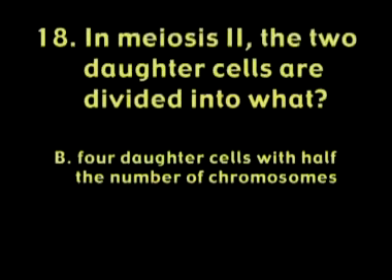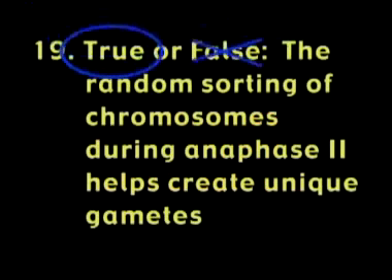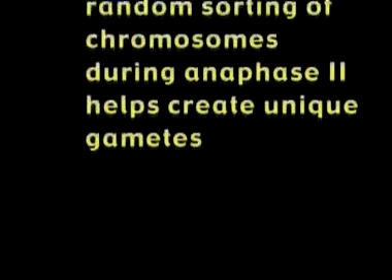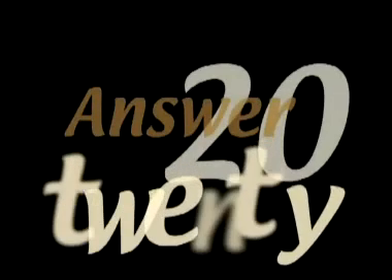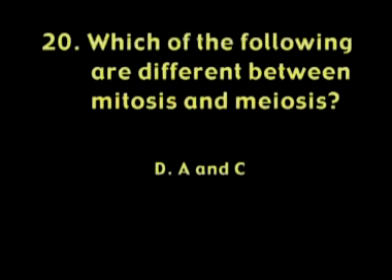B. The 2 daughter cells divide into 4 daughter cells with half the number of chromosomes. Question 19. True. Random sorting of chromosomes increases gamete diversity. Question 20. D. Mitosis and meiosis differ in the number of cell divisions and in the exchange of information.